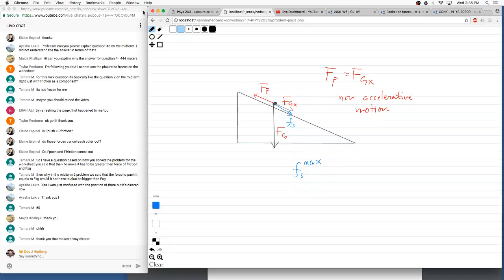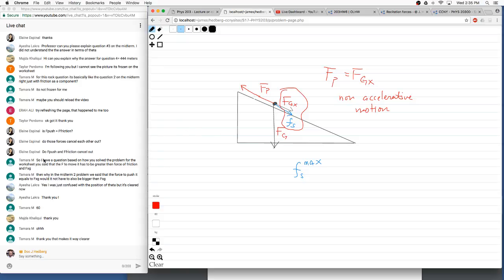So all this means, back to this drawing, is that we have to push a little bit harder, because now we have to beat both of these forces in order for it to go up the ramp.